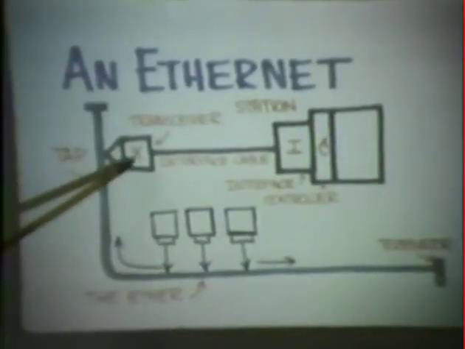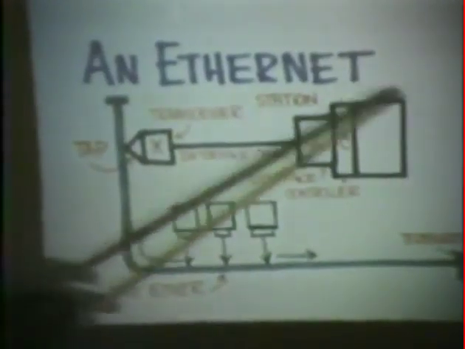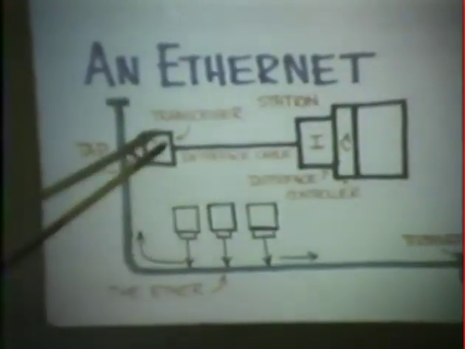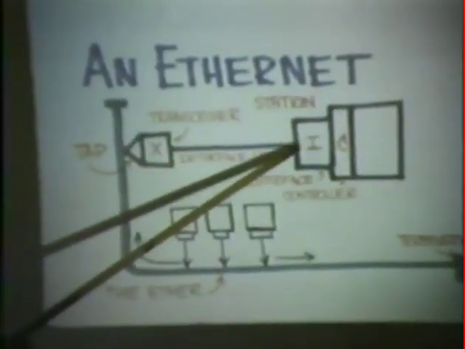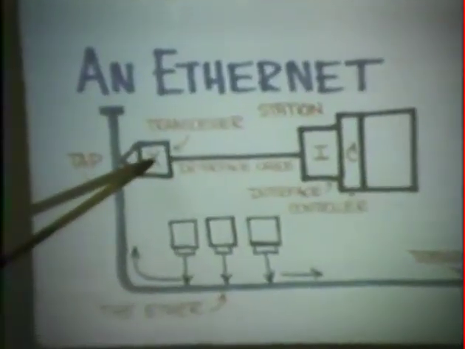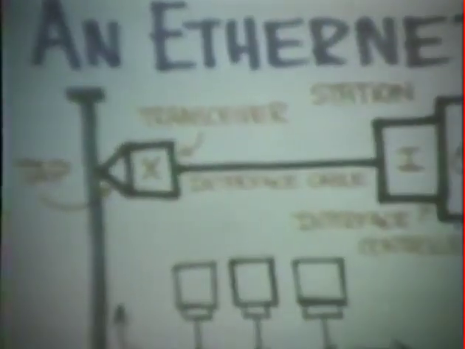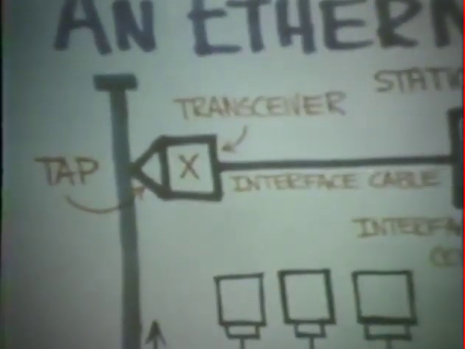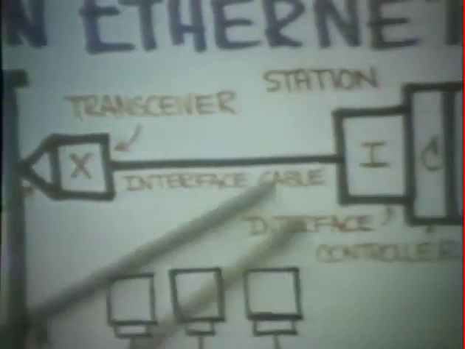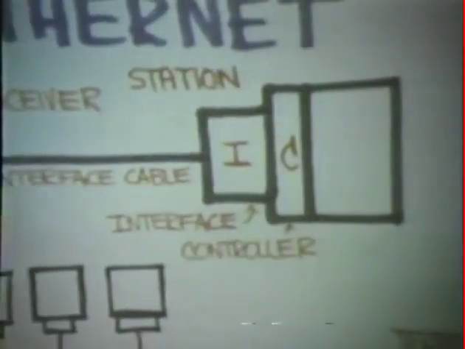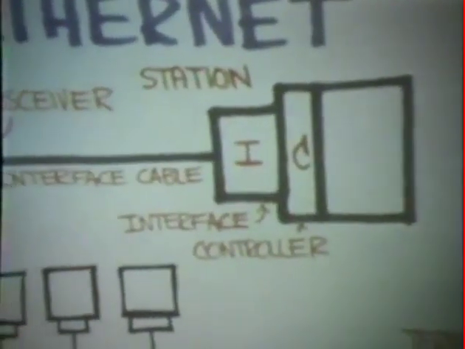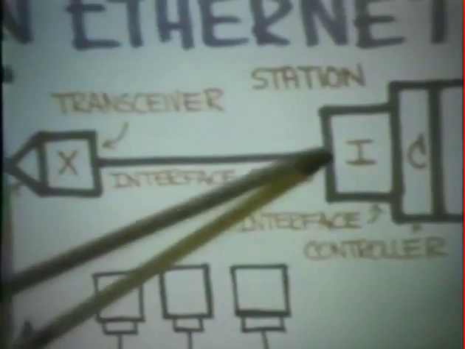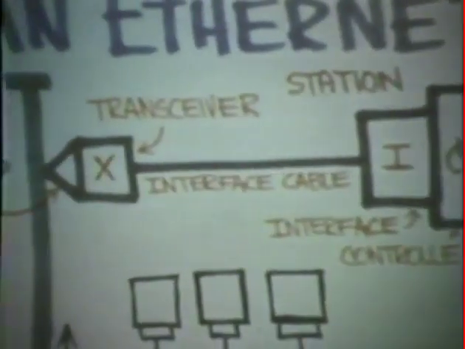And then between the transceiver and the communicating station, and this is the personal computer, is an interface cable, a bit serial cable, which in the case of our experimental Ethernet has 5 signals on it, two flavors of power, serial data out, serial data in, and then yet another signal which indicates that a collision is being detected by the transceiver.